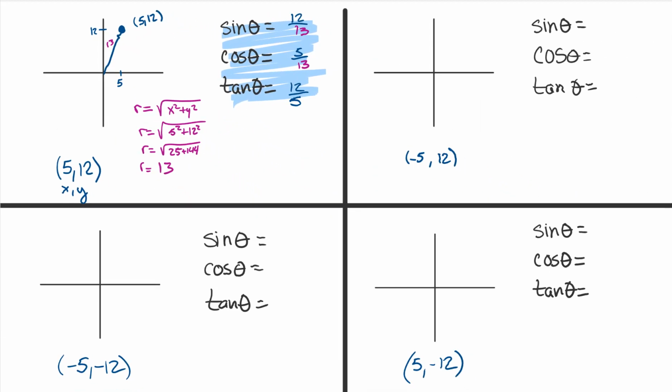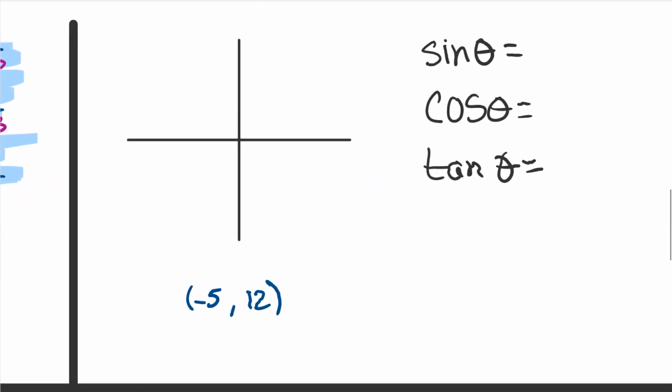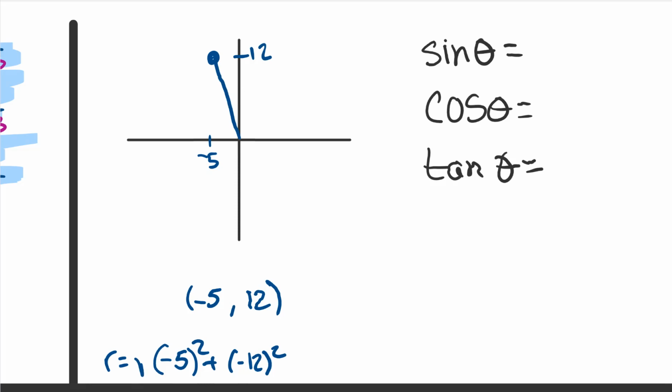Let's go to our next. Let's go over here. We got -5, 12. Just draw something up here. Here's -5. The height is 12. We've got to go get that radius, right?